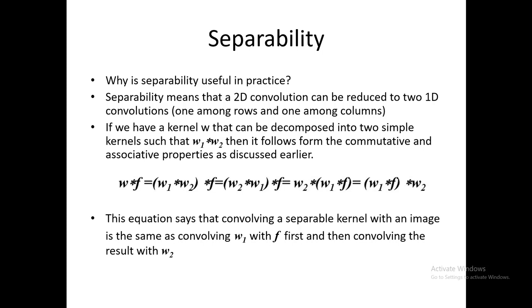This equation says that convolving a separable kernel filter with the image is the same as convolving W1 with F first and then convolving the result with W2. We can express this expression like this.